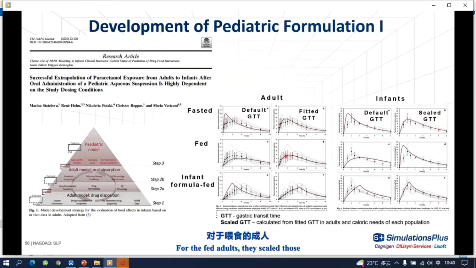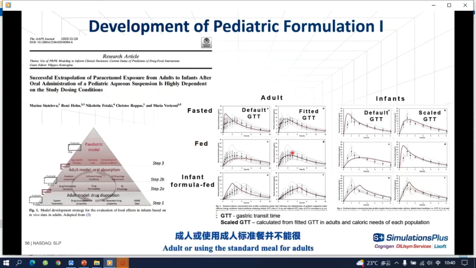For the fed adults, they scaled those fitted gastric transit times based on the differences in the caloric needs between the adult and infant. And as you can see, doing that strategy, the scaling from infant formula fed adults predicted the infant PK very nicely.